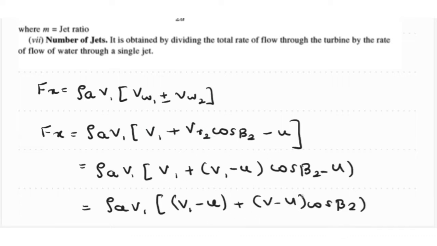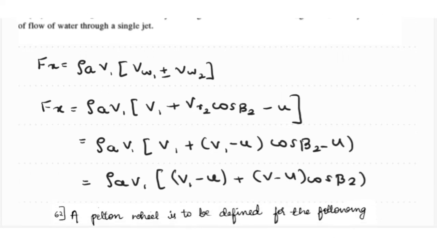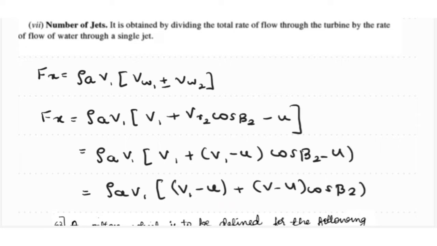We will take the common thing outside and we get rho into a into V1 into (V1 minus u plus V1 minus u cos beta 2). Here V1 minus u we can take outside, so that will be rho into a into V1 into (V1 minus u) into (1 plus cos beta 2). So let us go through the next numerical.